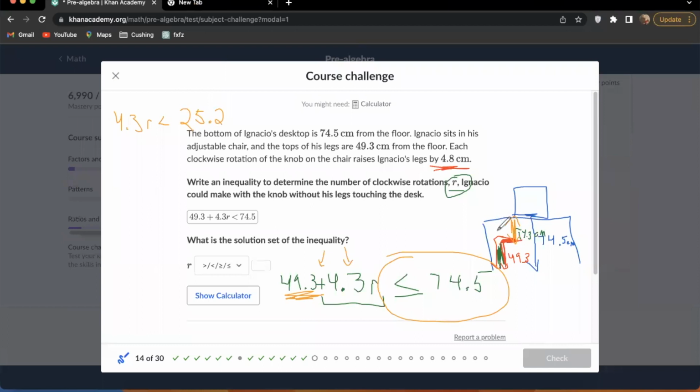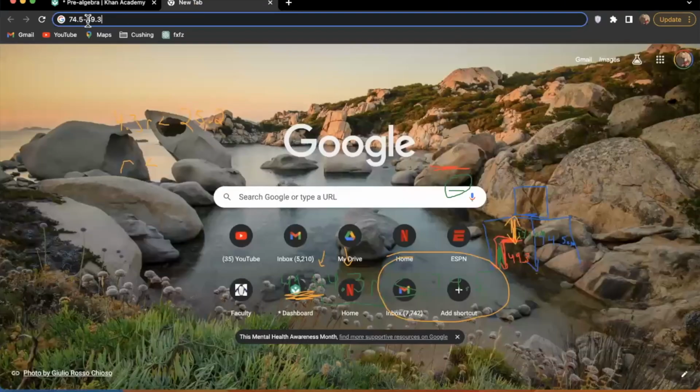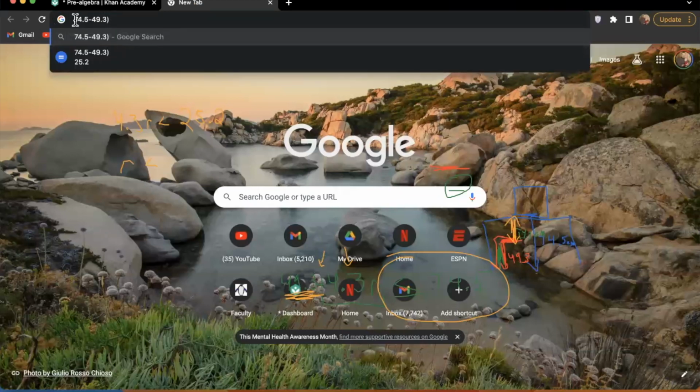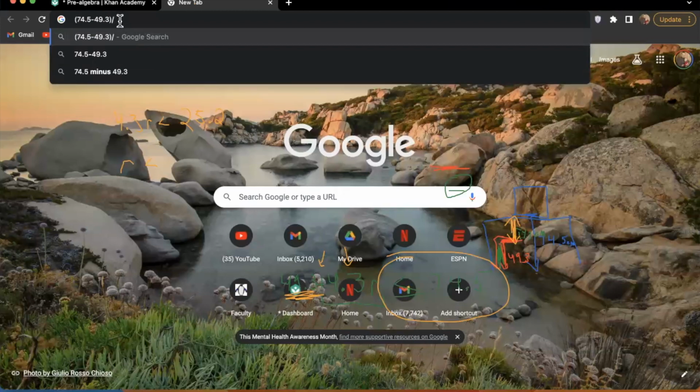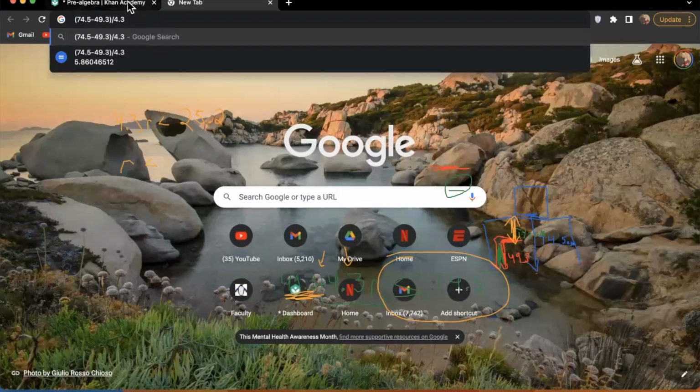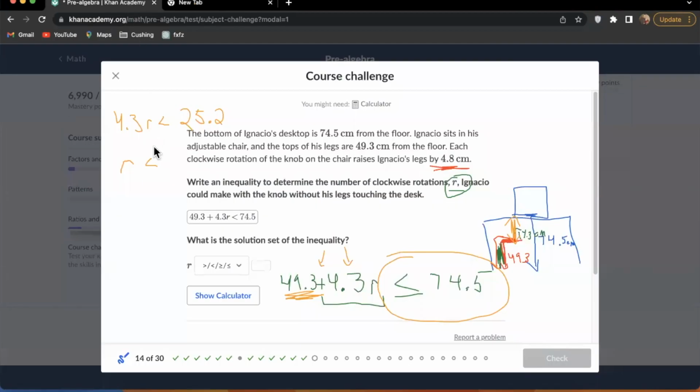That's how much left he has to go. But he's going at 4.3 centimeters per twist, or per rotation. So the rotations need to be less than... I can divide both sides by 4.3. So it's 25.2 divided by 4.3. I can take this whole difference and divide that by 4.3. It gives me 5.86 rotations.